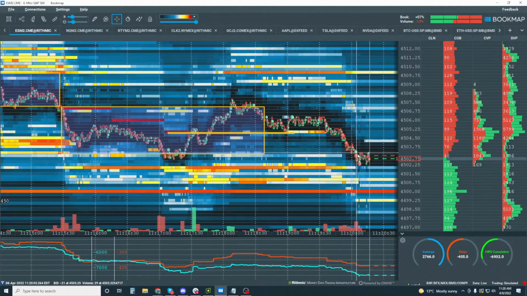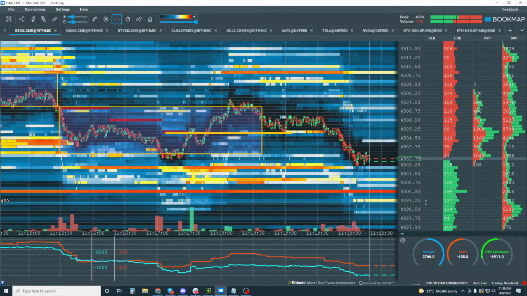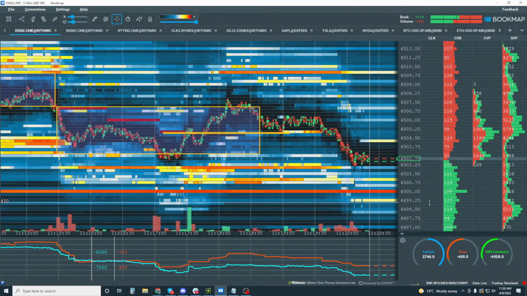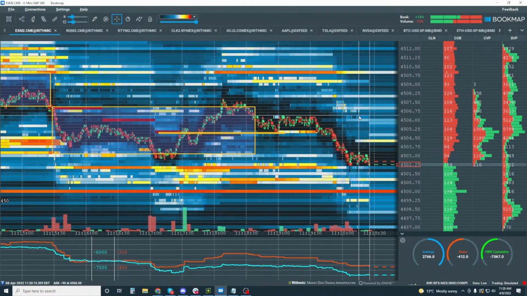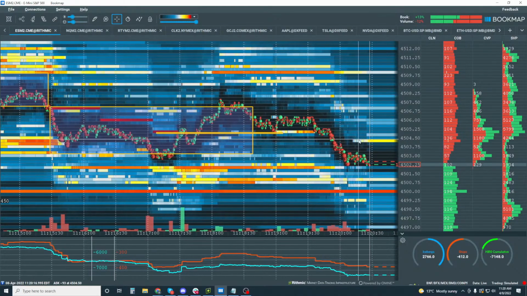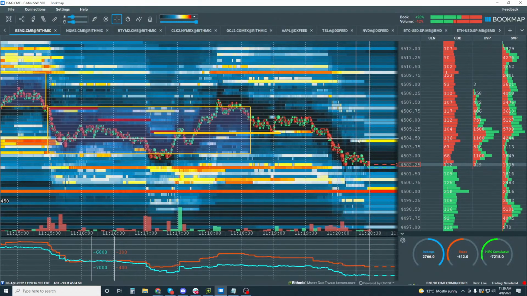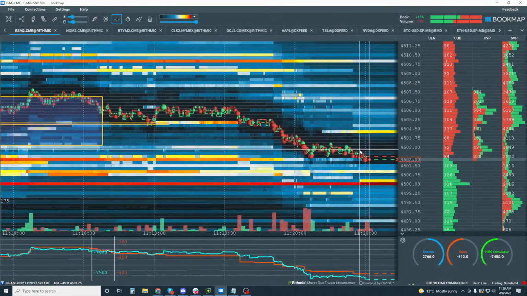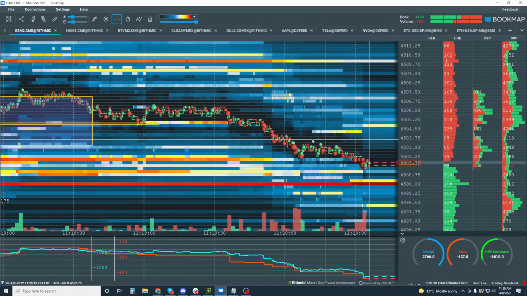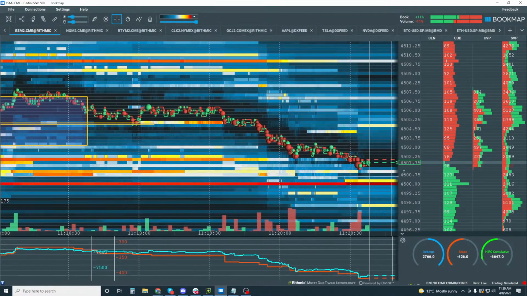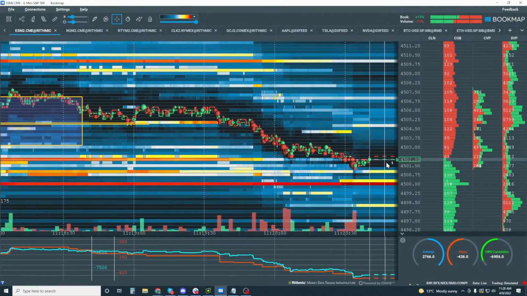It broke it, but this can be a false breakdown. Now it's in a kind of trading range down here on the breakdown, slowly breaking down more and more. Back to the figure here, 4,500 maybe.